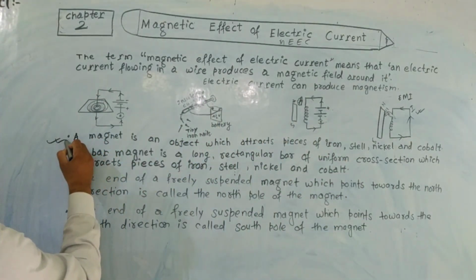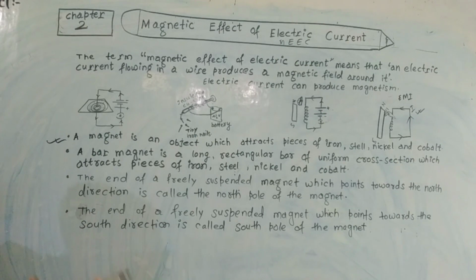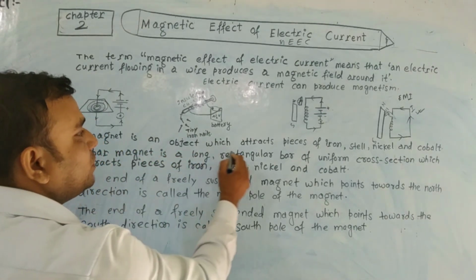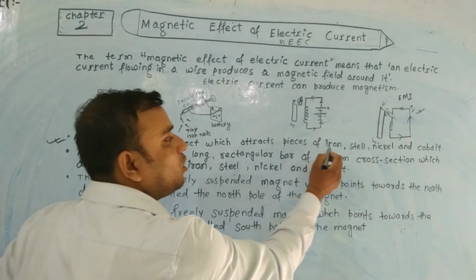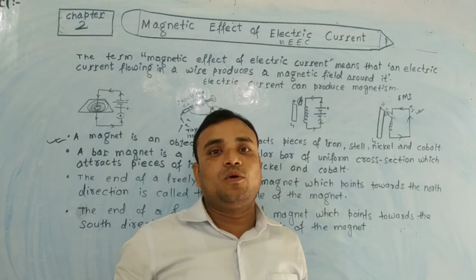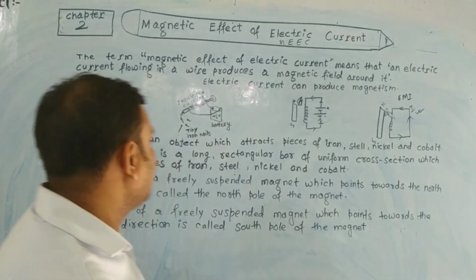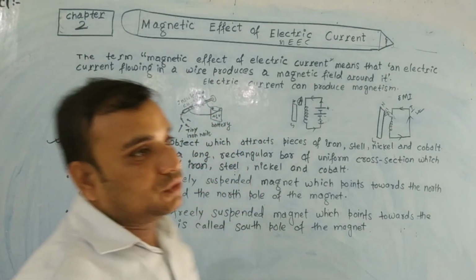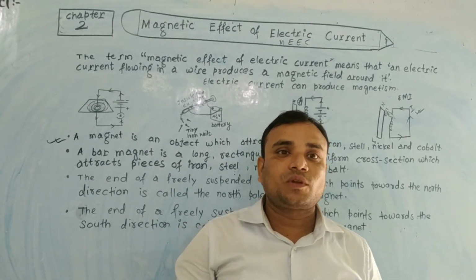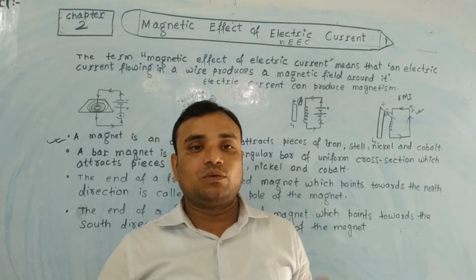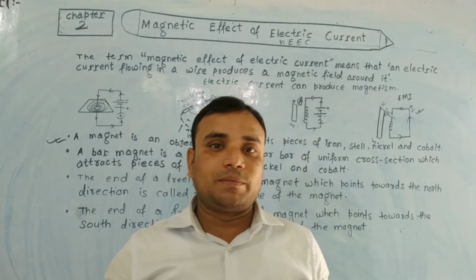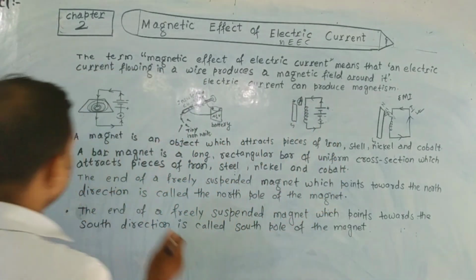Now, the next topic is magnet. What is a magnet? A magnet is an object which attracts pieces of iron, steel, nickel, and cobalt. You have already seen various types of magnets: bar magnet, horseshoe magnet, rectangular magnet, ring magnet, that is the circular magnet.